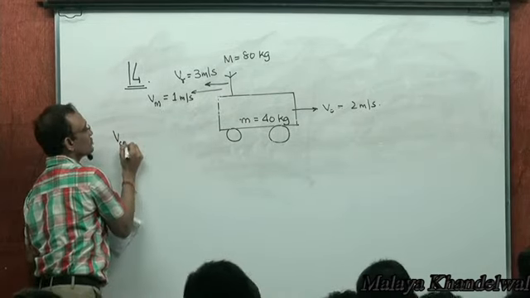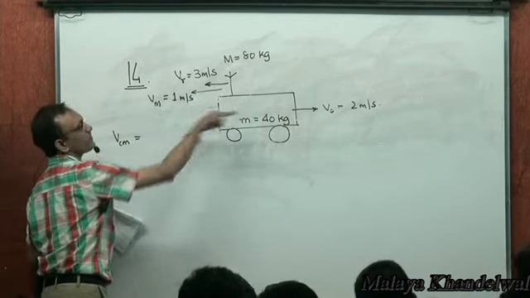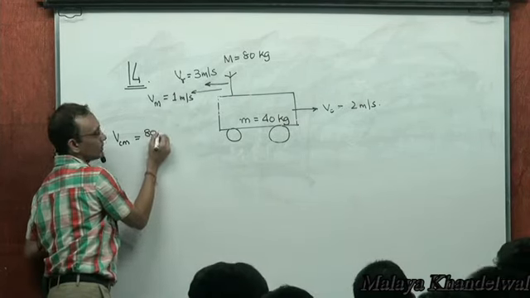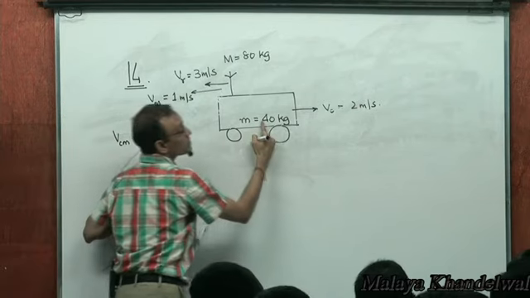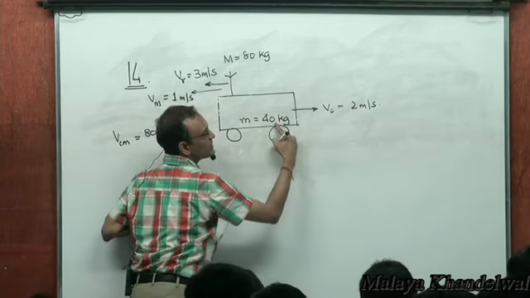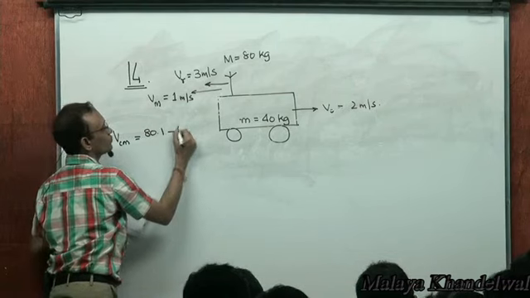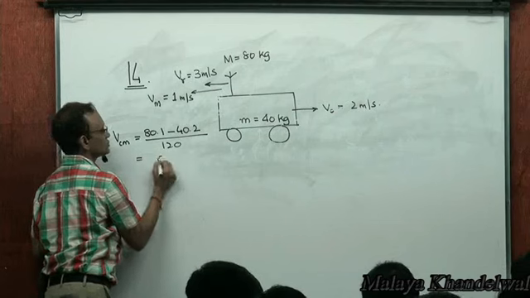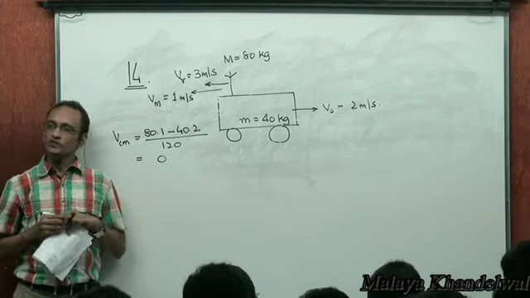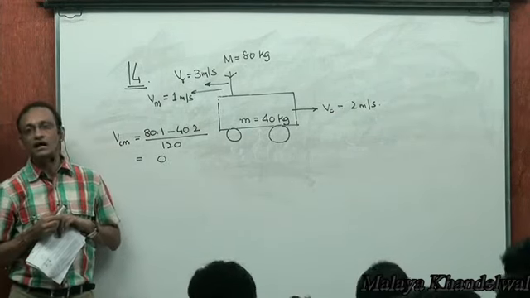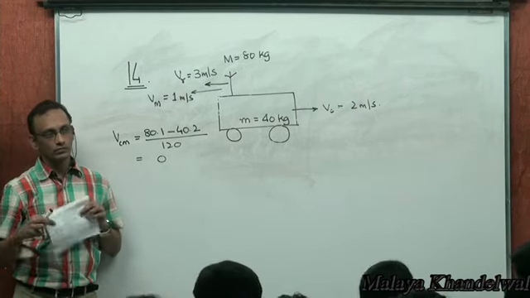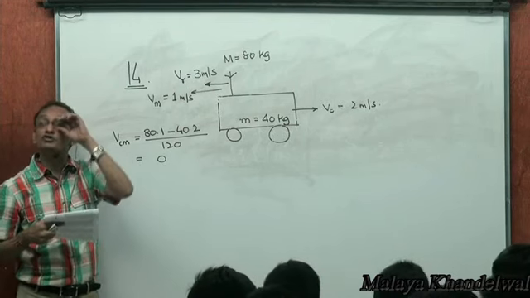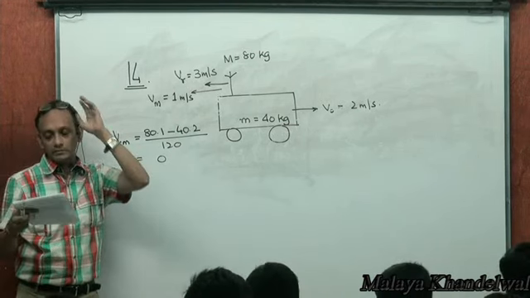So the velocity of the center of mass of the system, taking leftward positive, rightward negative, would be capital M into 1, 80 into 1, and then minus small m into V naught, that means minus 40 into 2, divided by 120, which is 0. Velocity of the center of mass of the man plus cart is 0, right? That means the x coordinate of their center of mass remains the same, right?